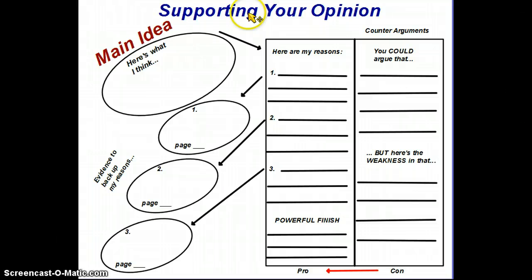Now, in a persuasive piece of writing, remember, you're trying to support your opinion. And one of the ways to really drive home your opinion is what's called supporting the counter argument or defending the counter argument. In that, I could say that one of my reasons for determining that Henry Fleming's decision to join the Union Army was a selfless act is that he was heeding a greater call to serve his country.